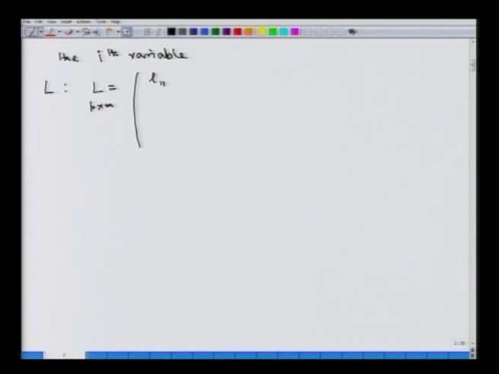This is L11, L12, up to L1m, and this is LP1 up to LPm. So this L is the matrix of factor loadings.